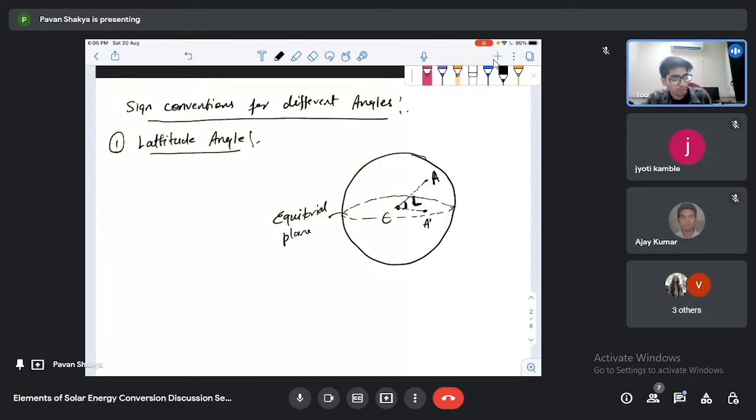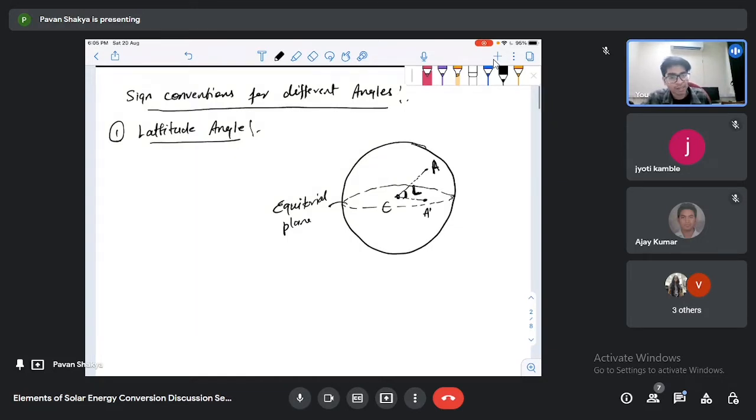Okay, so from the figure we can see that this latitude angle can vary till the poles. This is our north pole, this is our south pole. So this latitude angle will vary in the positive direction upward to the pole, and similarly it can vary below to minus 90 degree at the south pole.